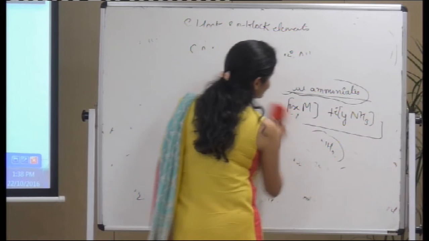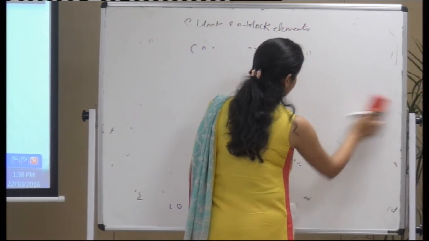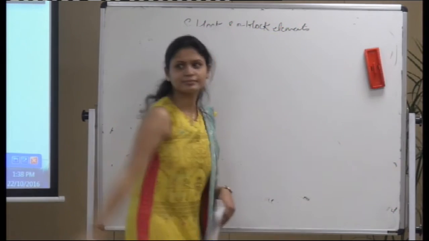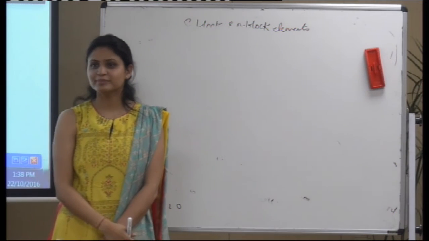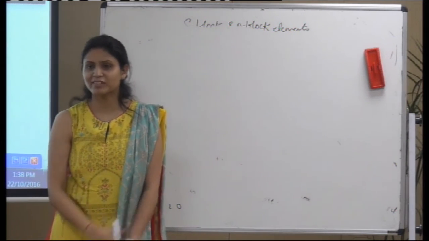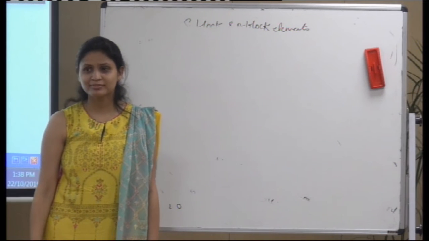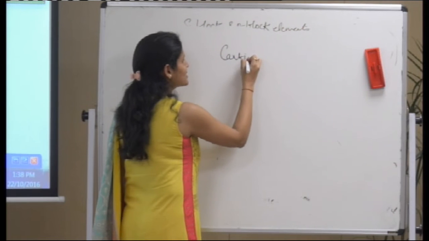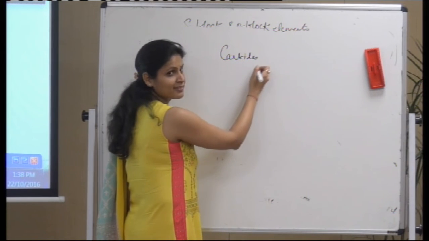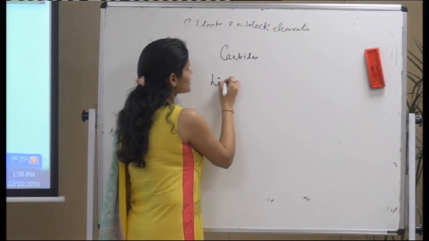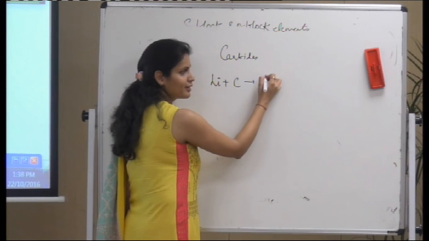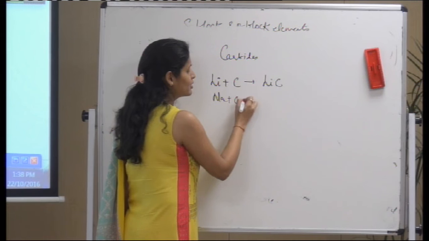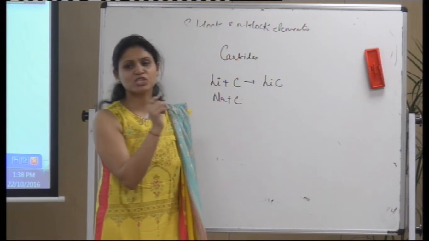Can alkali metals react with carbon? They can react with carbon to form carbides, right? Suppose lithium is combining with carbon to form lithium carbide. Similarly, would sodium and potassium combine with carbon?